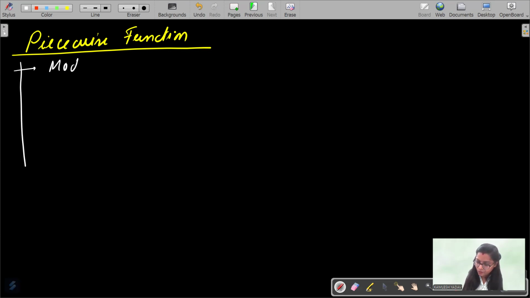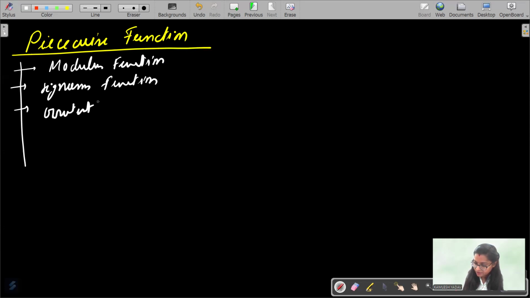First is the modulus function. Next is the signum function. Next one is the greatest integer function. Next, the fractional part of x.